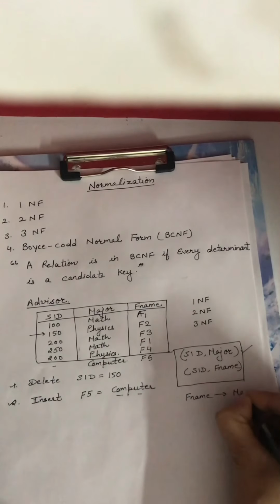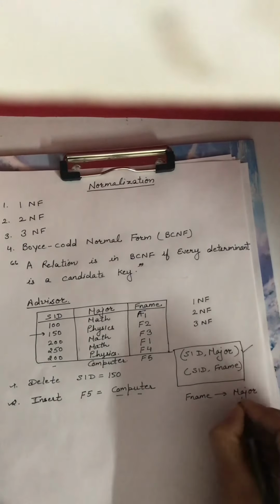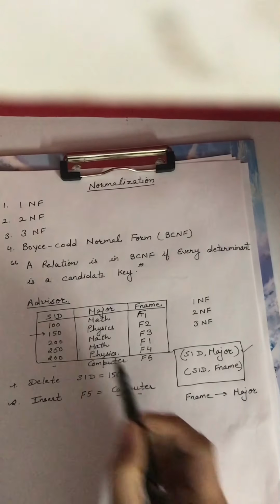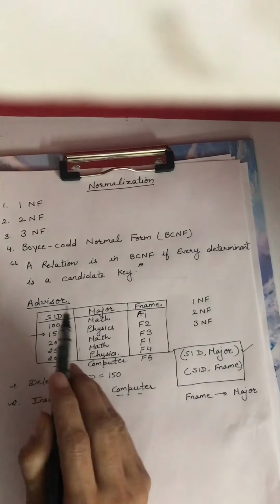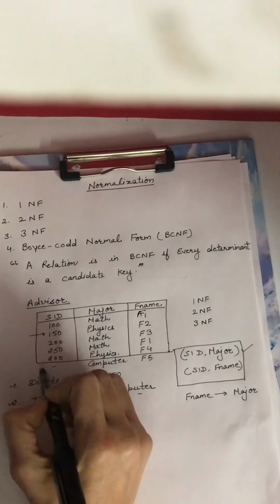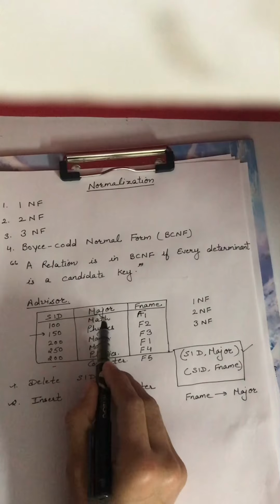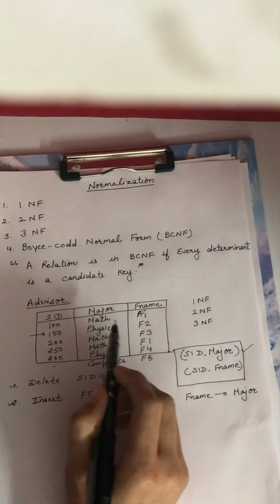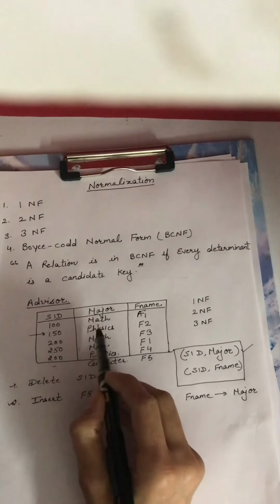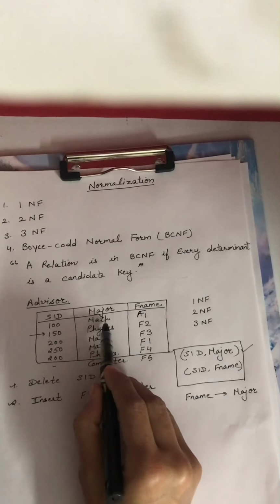Faculty name determines major. Major is functionally dependent on faculty name, because what are the assumptions in a relation advisor? A student can be involved in two or more majors, or in one major also.